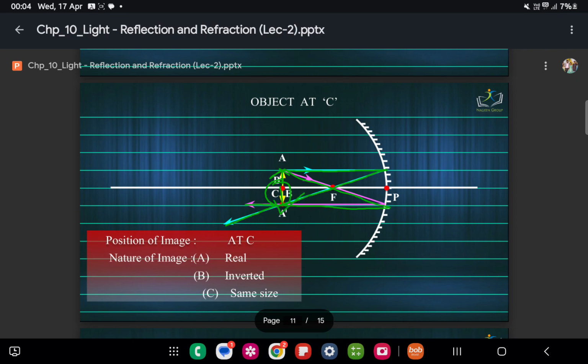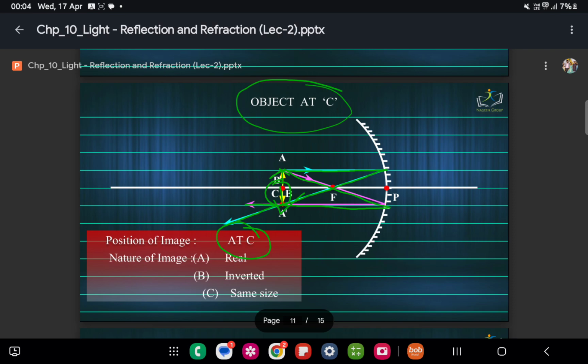So the position of the image is at C only, and the object is also at C. Any object we keep at C, the center of curvature, in front of the concave mirror, we get the image also at C only.